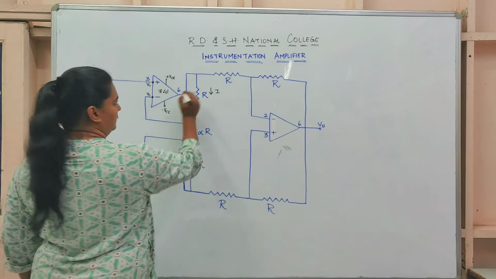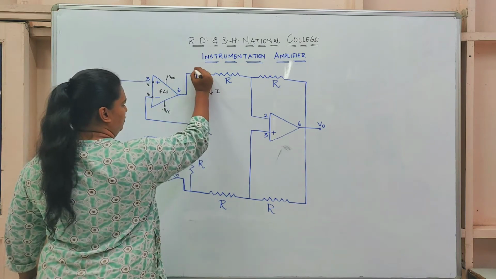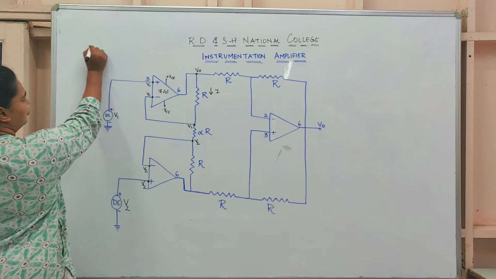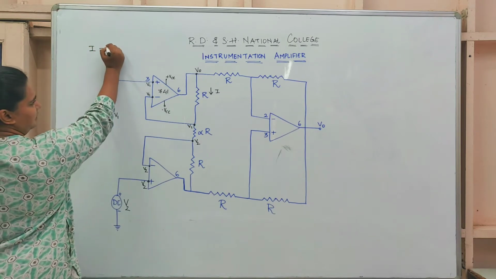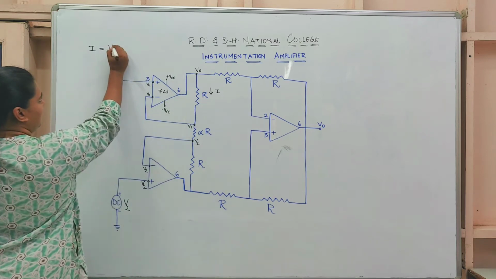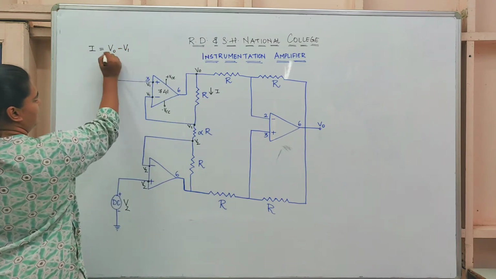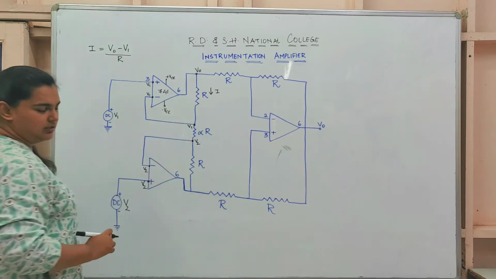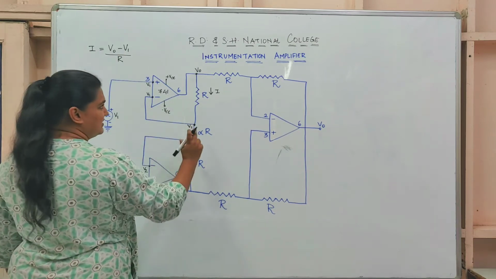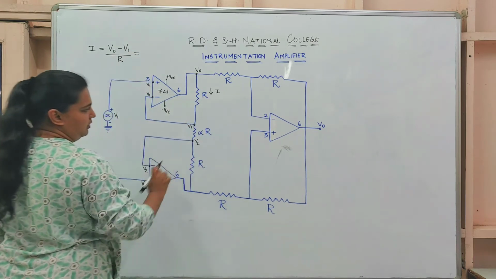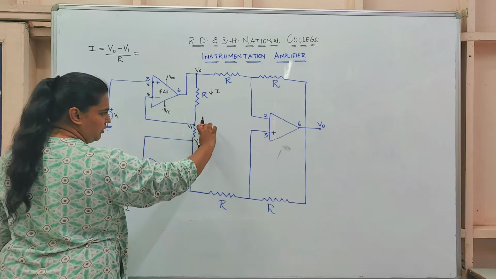So if the output here is Vout, what happens is you will get, current is nothing but V by R. So the voltage across this is actually (Vout minus V1) upon R, because R is the resistance. This current will be equal even in this block, but what is the Ohm's law here?